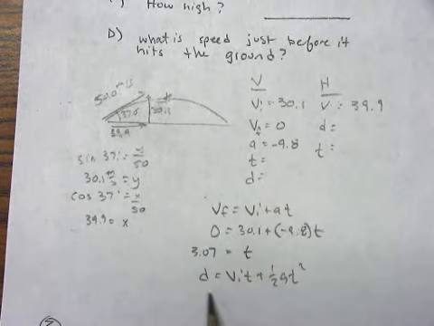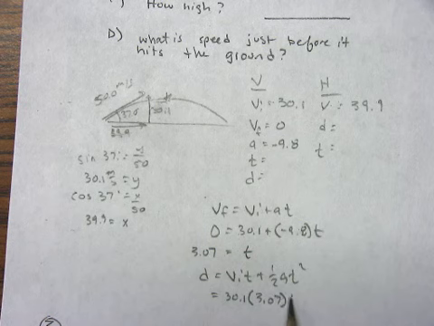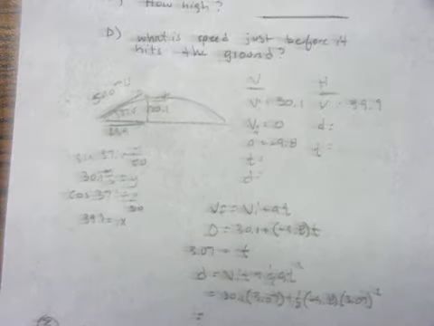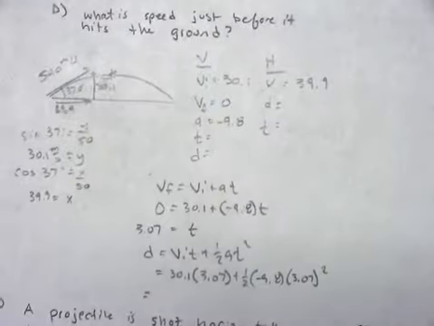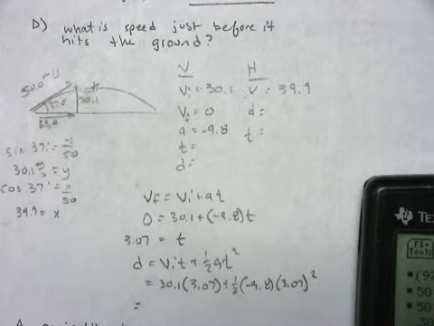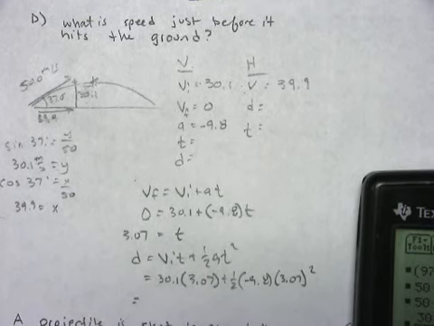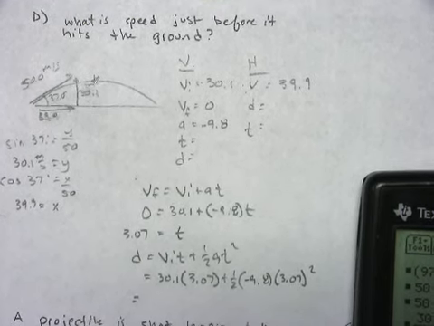So vertical distance equals VI, 30.1, times the time, 3.07, plus 1/2 times negative 9.8 times 3.07 squared.